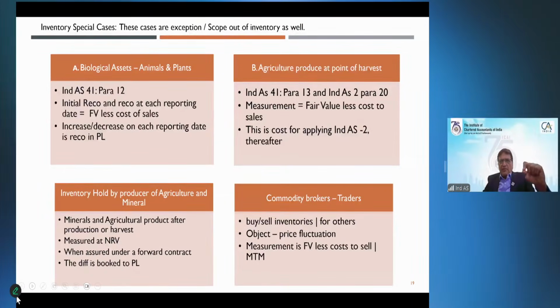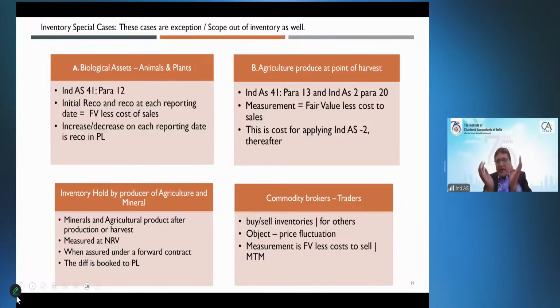I'll very briefly touch upon biological assets, which is a very interesting standard, Ind AS 41. I'm talking about Ind AS 41. In AS, there is no standard with regard to biological assets, that is agriculture, but in Ind AS there is.